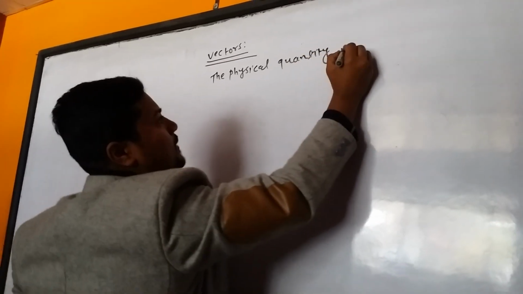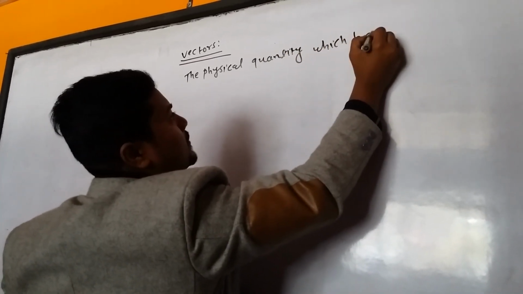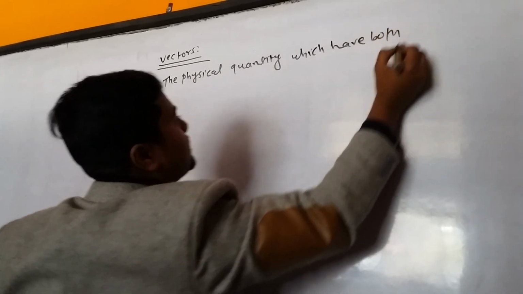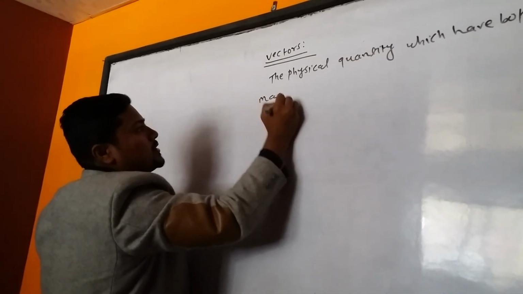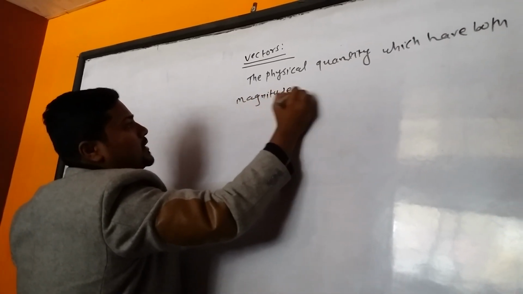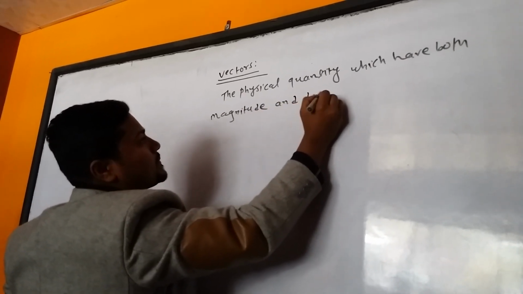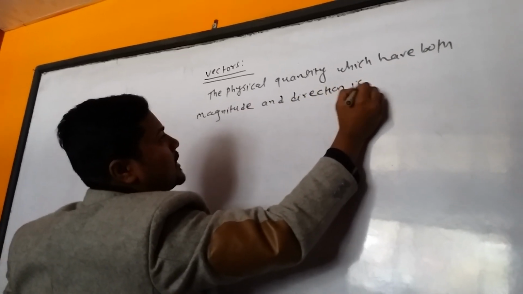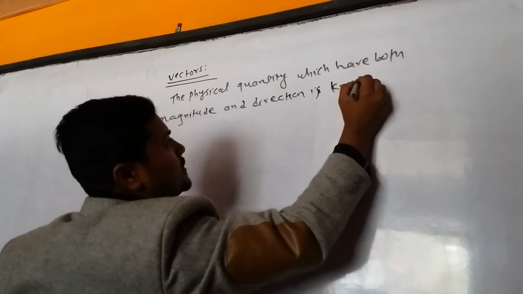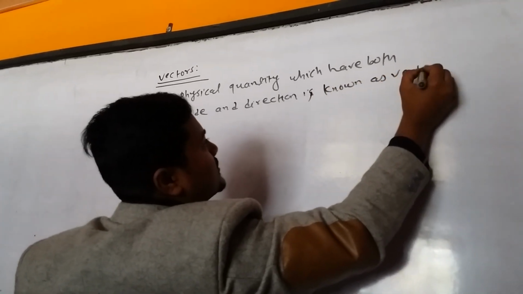which has both magnitude and direction is known as vectors.